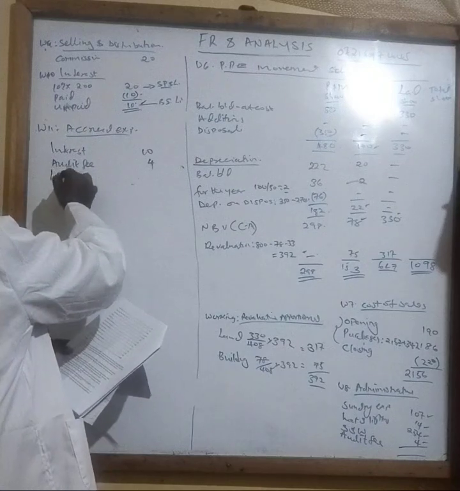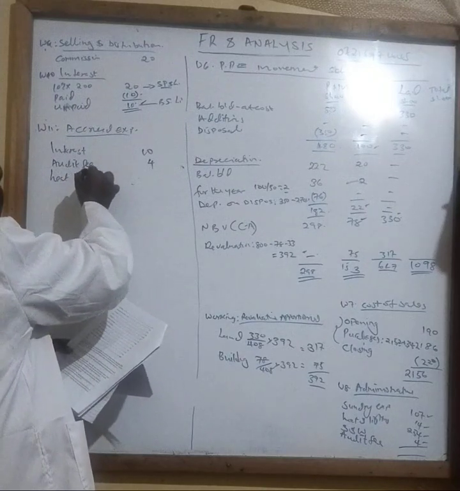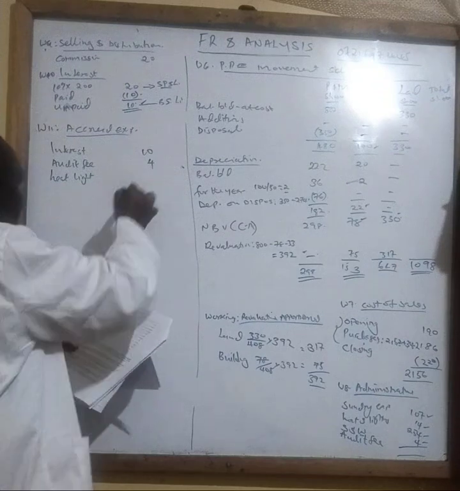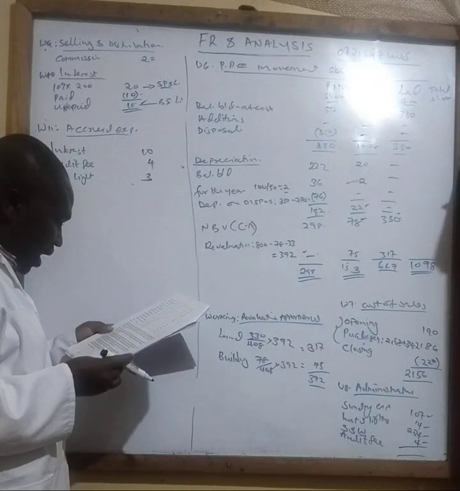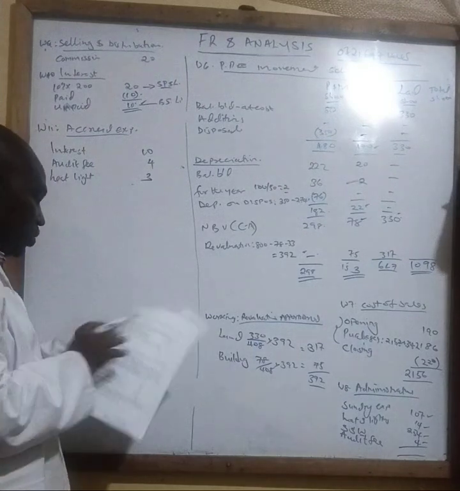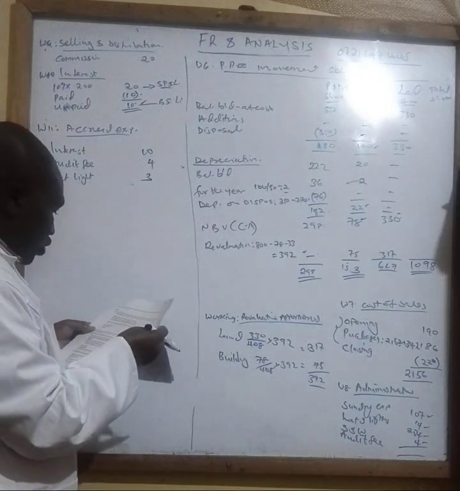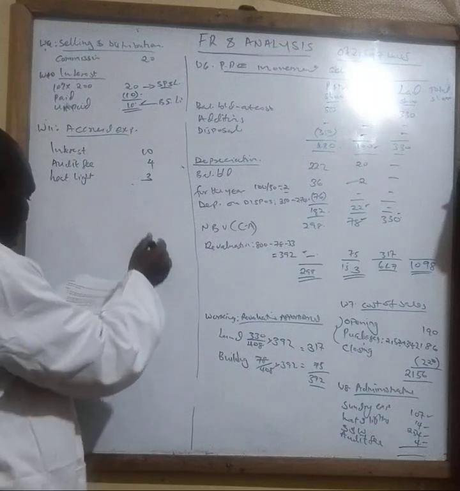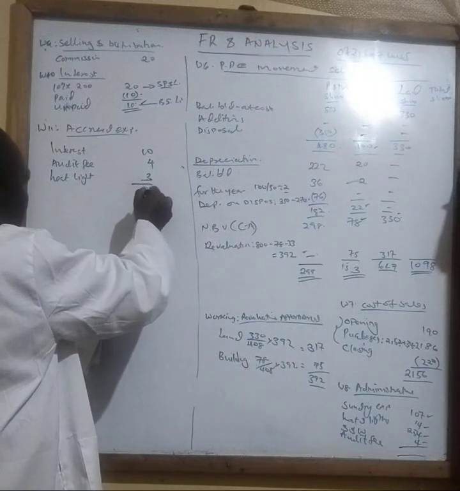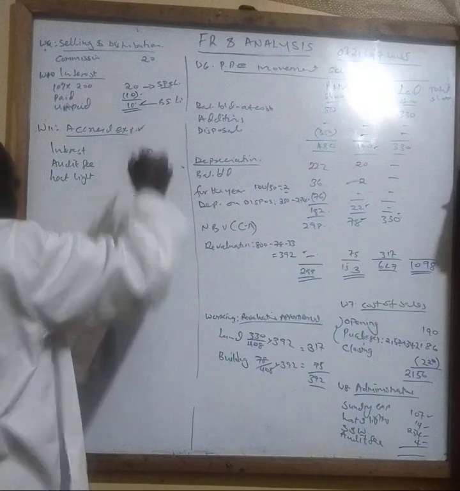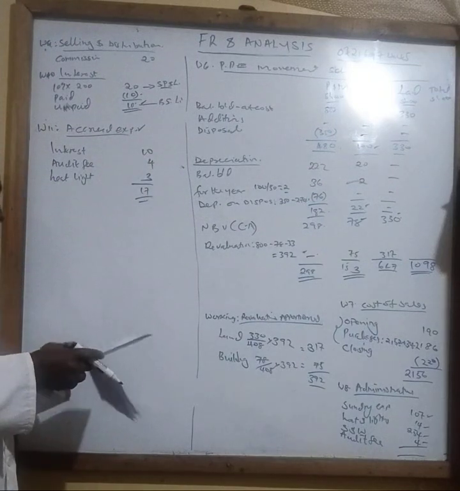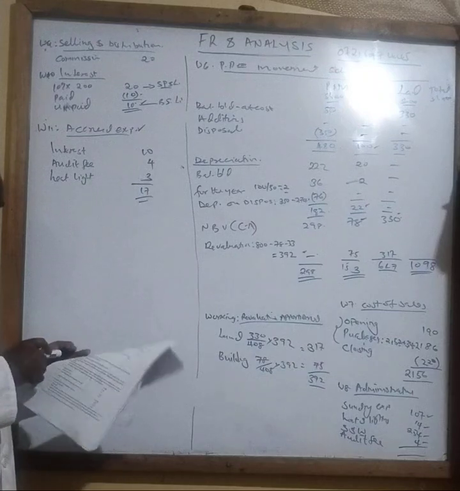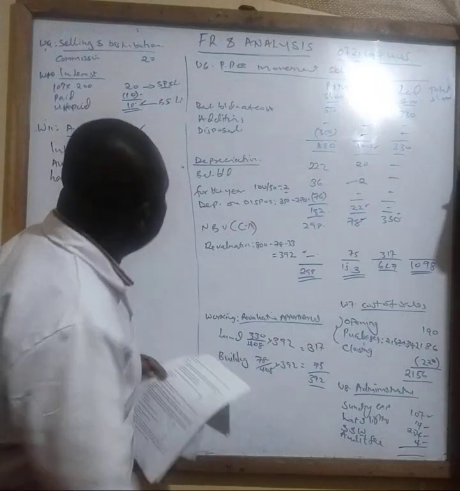There was heat and light of 3. Was there any other? I think there was none. So if you now add all these, your answer you will get is 17 as accrued expenses. So we are now through with our working. So let's go now and do our calculation direct.